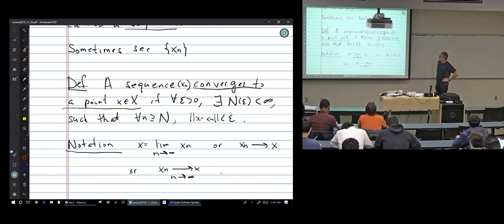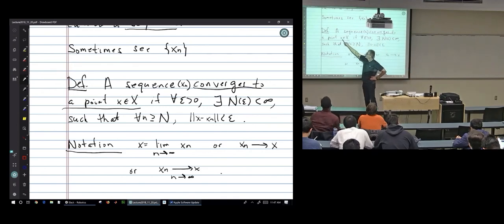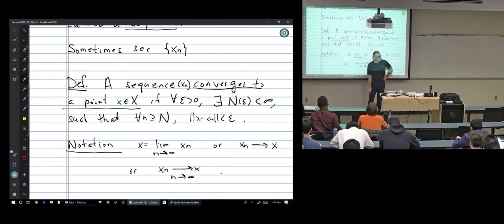Okay, so this is wonderful, but the only way I can check that a sequence converges with this definition is if I know the answer to my problem, okay?